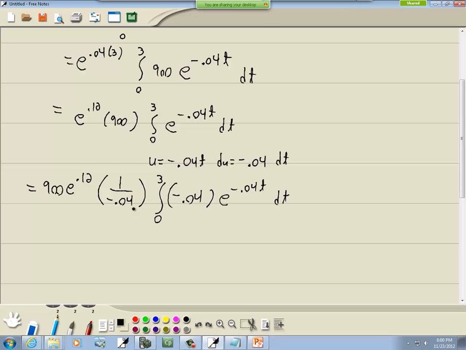Because a negative times a negative is positive, and this times that gives us 1, because they're reciprocals of each other. So this right here is going to be replaced with u. The negative 0.04 and the dt are both going to be replaced by du.